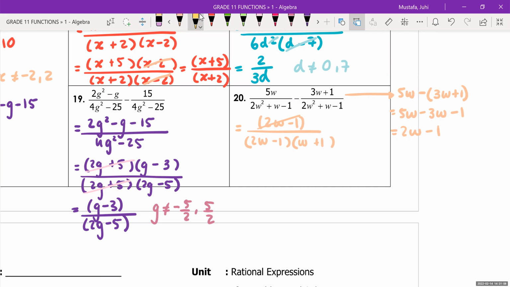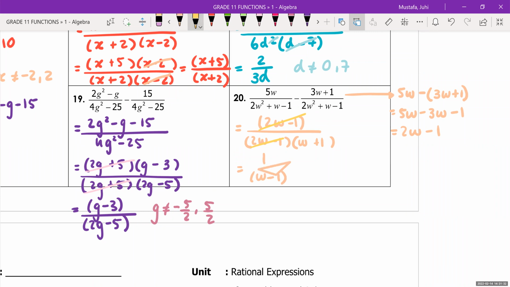Cross that out, cross that out, cross that out. And we're left with just 1 over w plus 1.